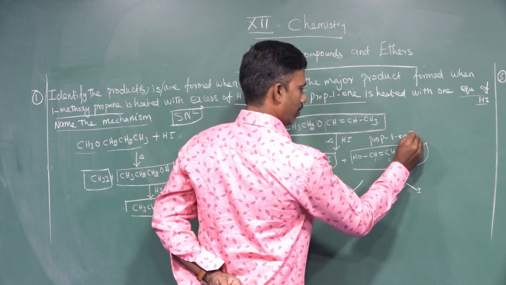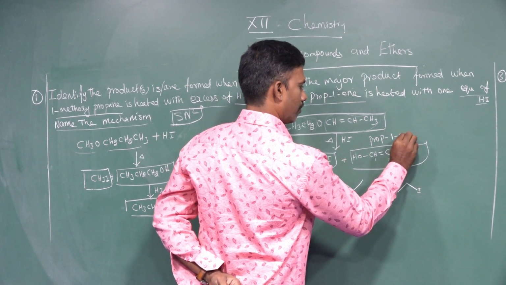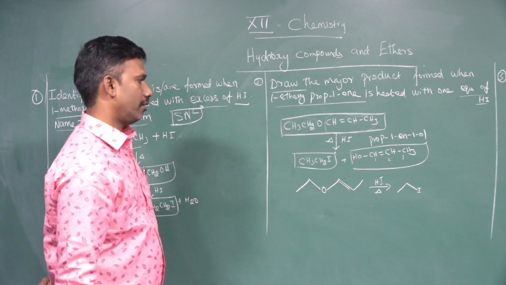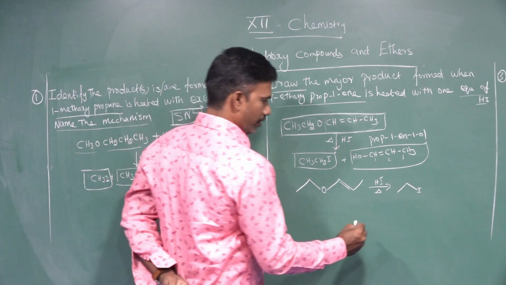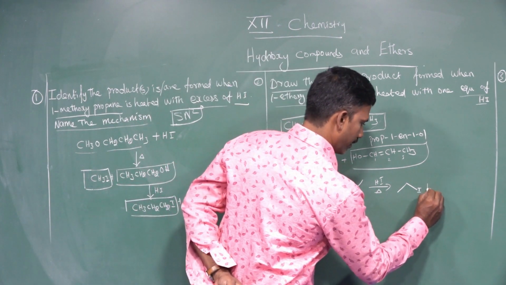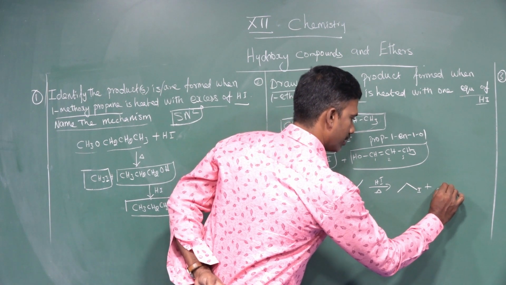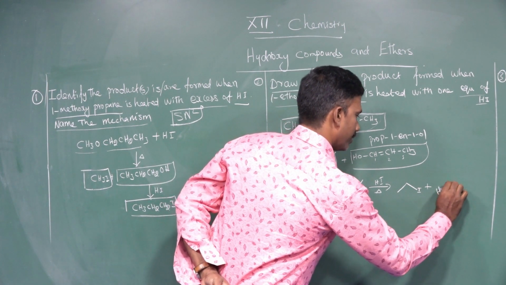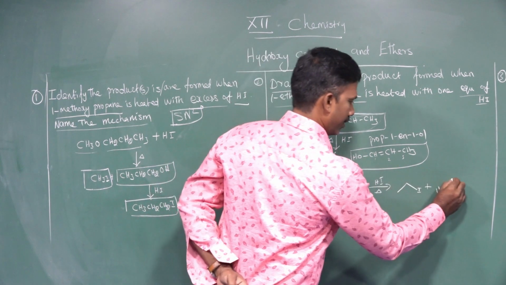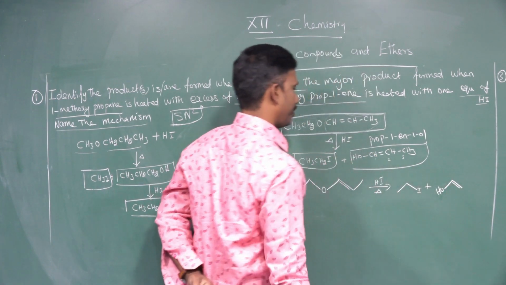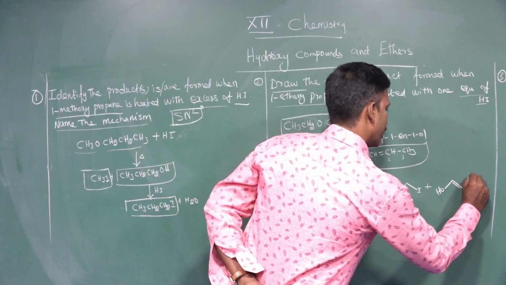Prop-1-en-1-ol. How will we write prop-1-en-1-ol? Look at this: starting with OH, CH, another CH, in between the CH a double bond is there, then CH3.